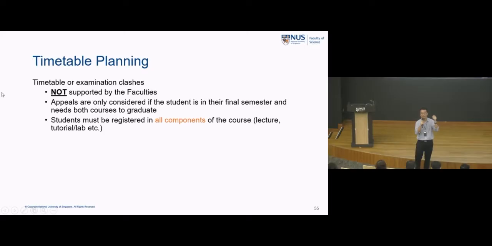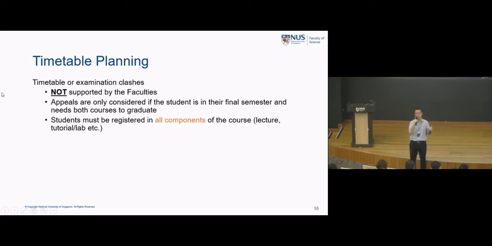However, at higher levels, you need to be a bit more careful because if the lecture time slots for course A and course B do not clash, but course A has only one tutorial class, and that tutorial time slot actually clashes with the lecture time slot of course B. So lecture-wise, they don't clash.